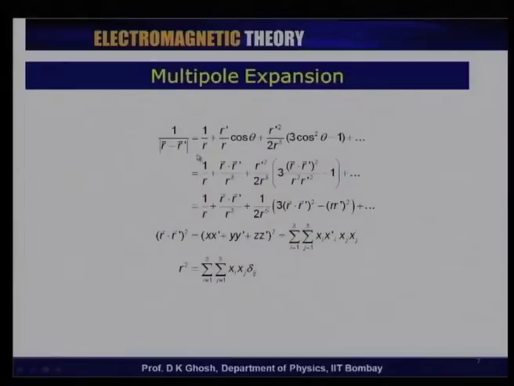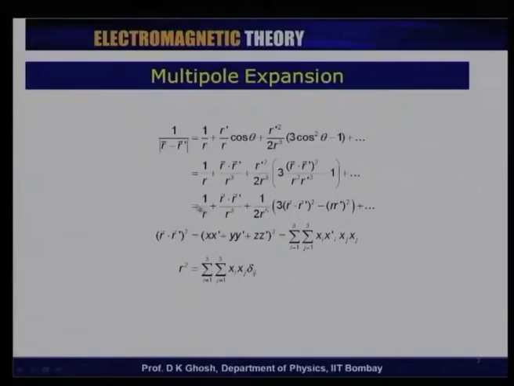So, writing this, 1 over |r minus r prime| is 1 over r, plus r prime by r square cos theta. Since the angle between r and r prime is theta, I have written this as r dot r prime by r cube, and here r prime square by 2 r cube, and similarly cos square theta has been written as (r dot r prime) square divided by r into r prime.